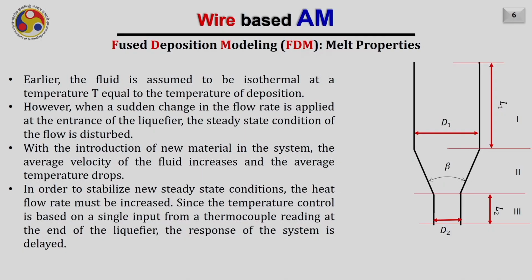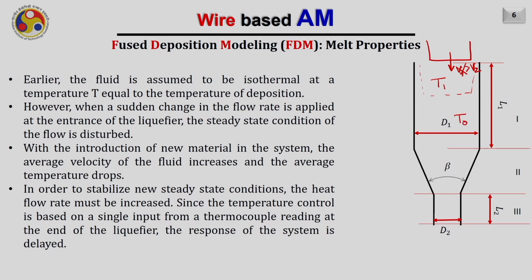But when a sudden change in the flow rate is applied, for example, you are suddenly increasing the speed. For example, this is the wire and you are suddenly increasing the speed. Earlier it was V1 and now you are increasing it to V2. So what will happen? There will be some portion in the region which will have some temperature T1 less than the earlier temperature T0.